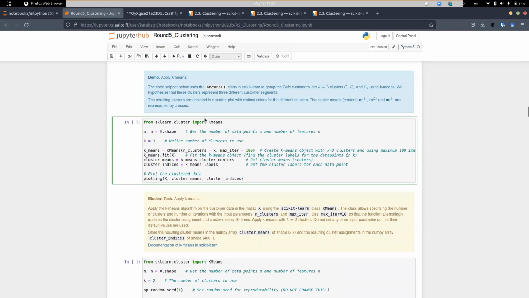Here you have an example of how to first define a class of k-means and then fit it on your data. And then you have all of this information in the parameters of the instance.